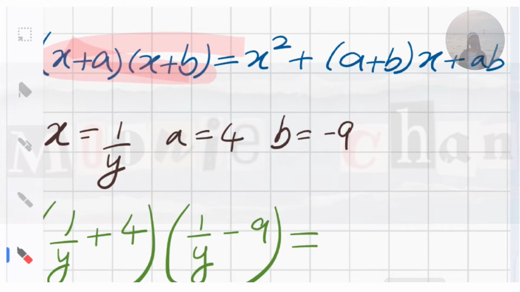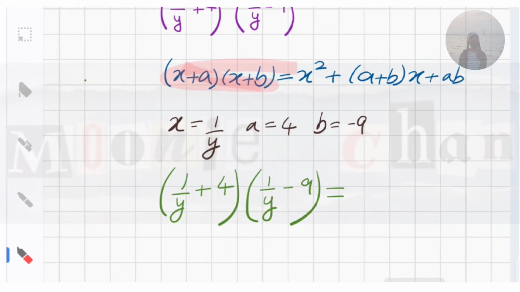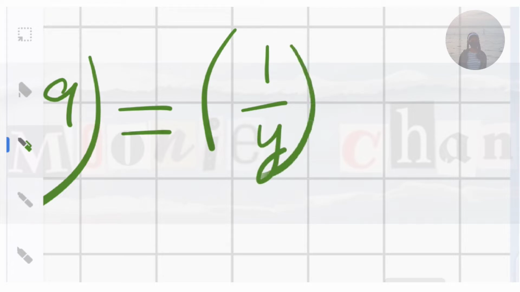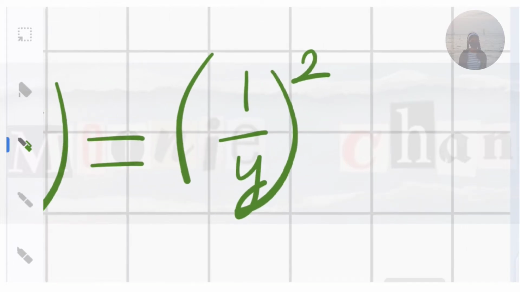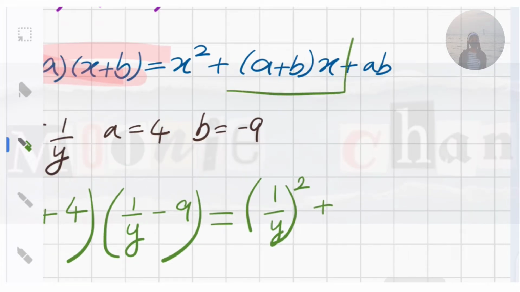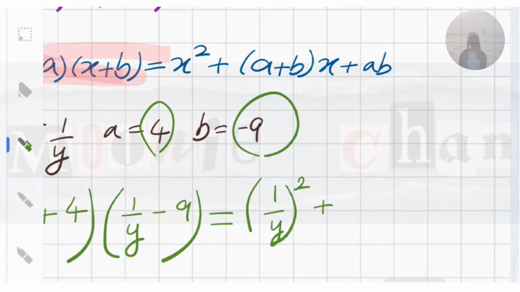Okay, now first we'll write x square. What is x? It is 1 upon y, so we'll write 1 upon y the whole square equals to 1 upon y the whole square plus a plus b the whole x. Now what is a? A is 4 and b is negative 9.